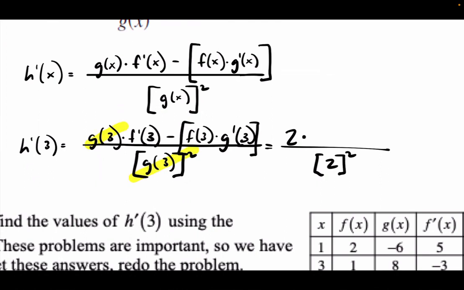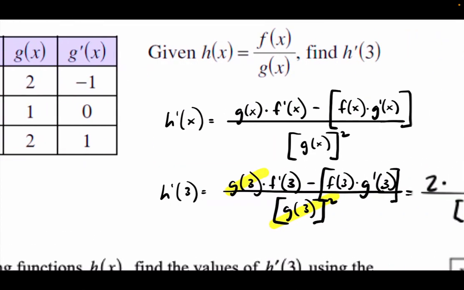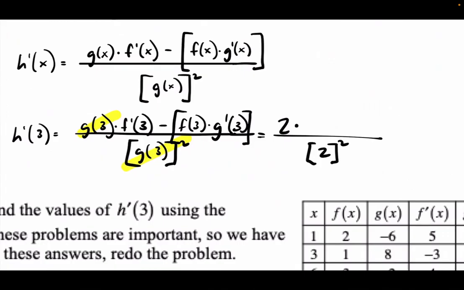Those guys are done. F prime of 3 is negative 1. So everywhere there's an f prime of 3, I'm going to write a negative 1. Well, there's only one, right there.